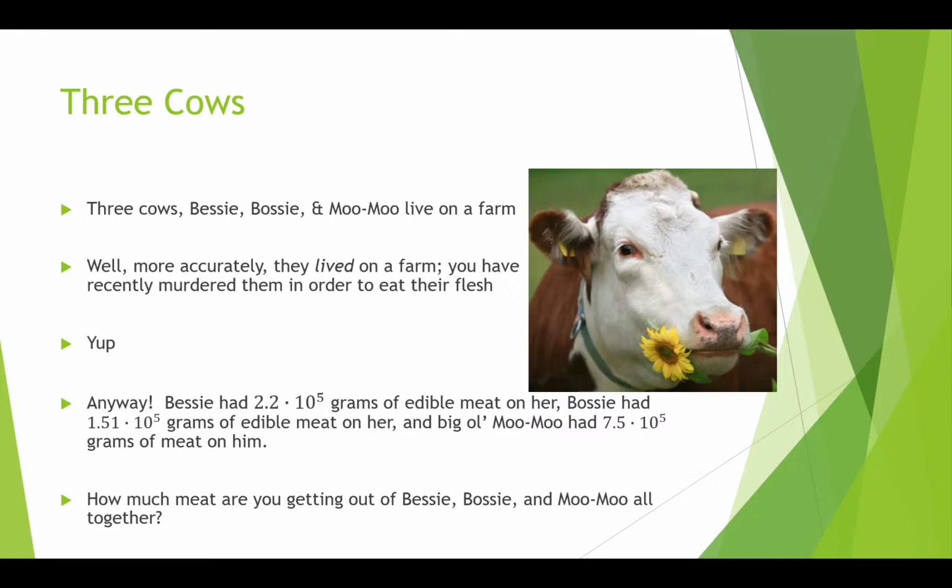Not big ol' Moo Moo, teach. Yeah, big ol' Moo Moo's a big ol' steak now. Yum, yum. We didn't waste any of big ol' Moo Moo, though. All the organs became cat food.